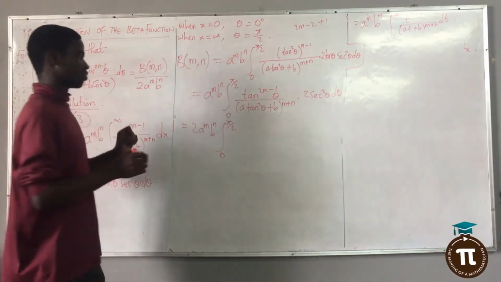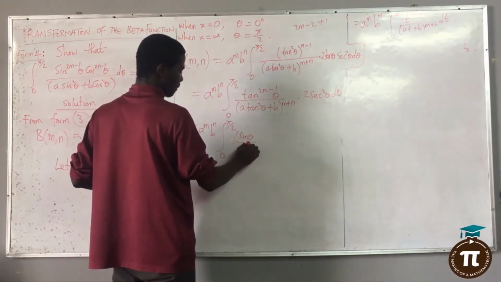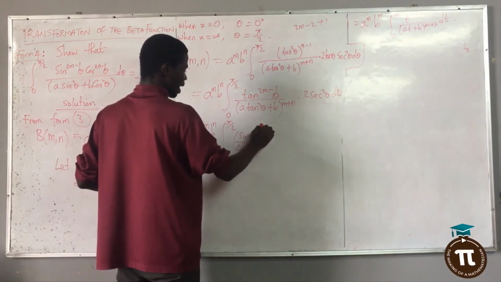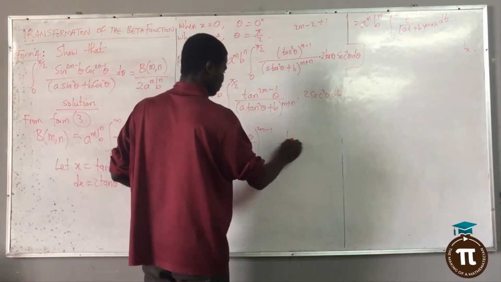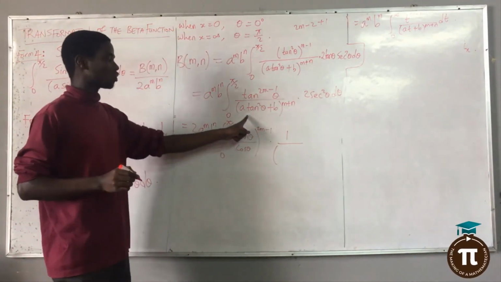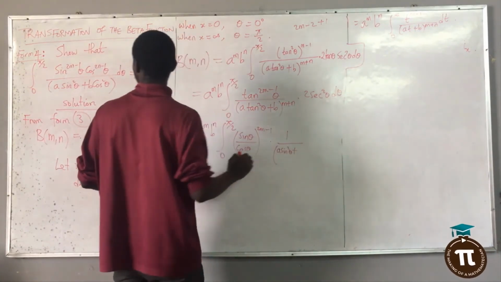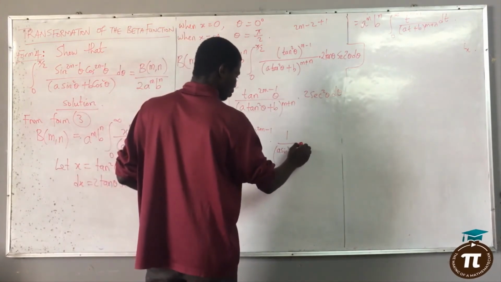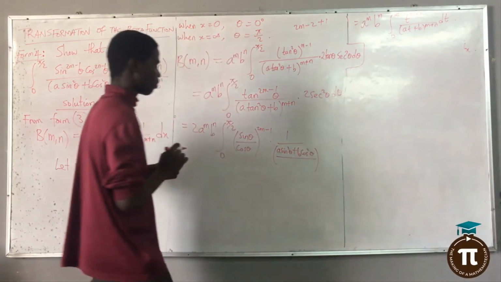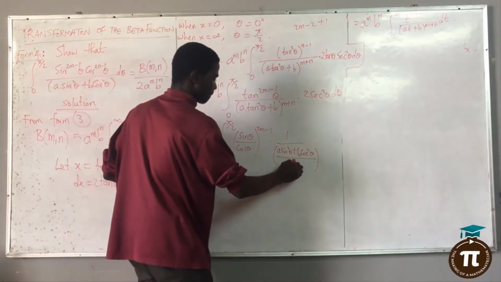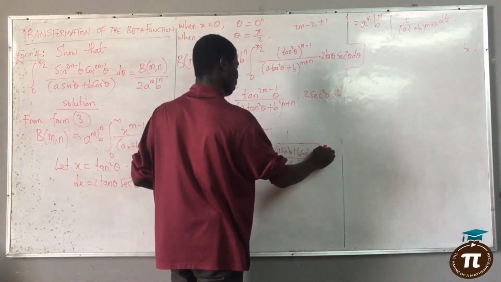Tan is sine over cos, so I have sine theta over cos theta raised to the power of 2m minus 1, multiplied by 1 over a sine squared theta plus b cos squared theta, all over cos squared theta, raised to the power of m plus n.